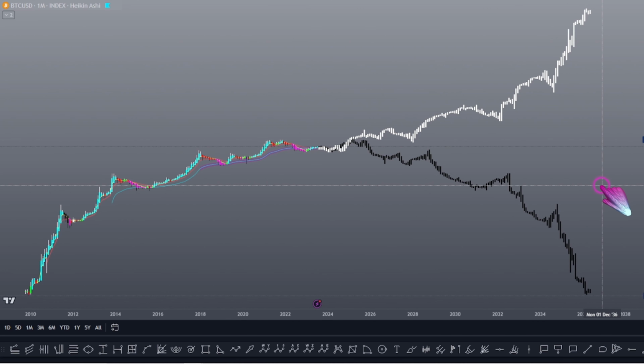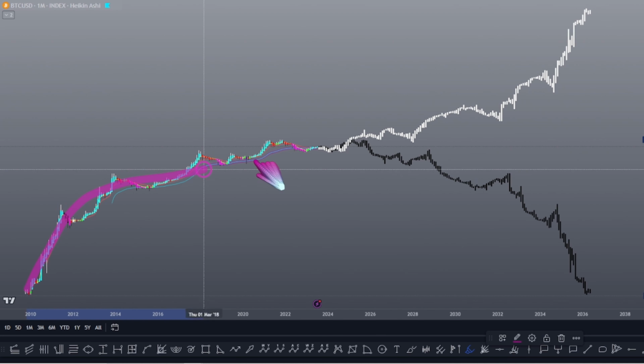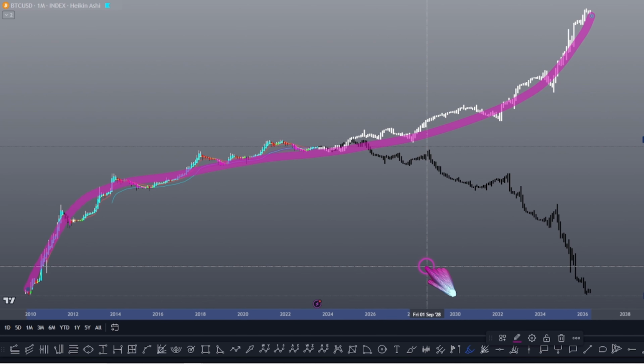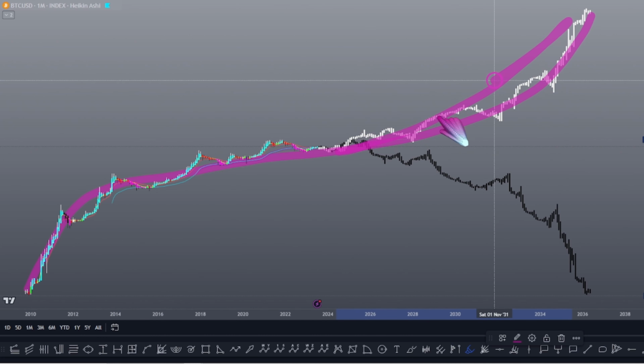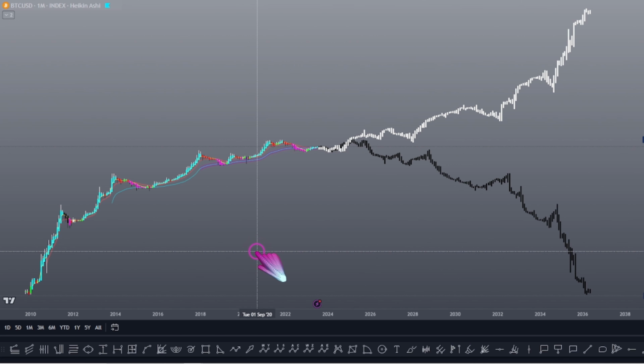But I believe that could likely fulfill the whole hyperbolic S-curve that some people have posted on Bitcoin. A lot of people correlate it to the adoption rate of Bitcoin. Whenever Bitcoin's adoption completely breaks the roof and it's globally adopted, that's when this second portion right here would then ensue.